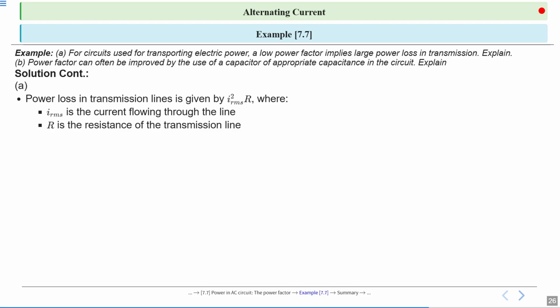We cannot change the resistance significantly, because the length of transmission lines is constant from one station to another, and thickness also cannot change significantly due to cost. So resistance cannot be changed.